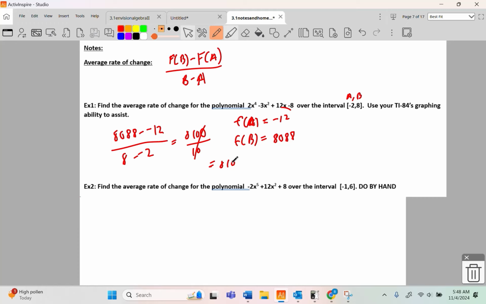And on this one, we're supposed to do it by hand. So we have to plug that 6 in.